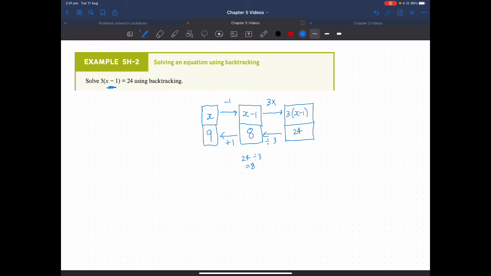So I have now got x is equal to 9. x equals 9 is my solution. We were asked to solve, which means we had to find what value x was equal to, and using backtracking, that was the bottom line of my flowchart.